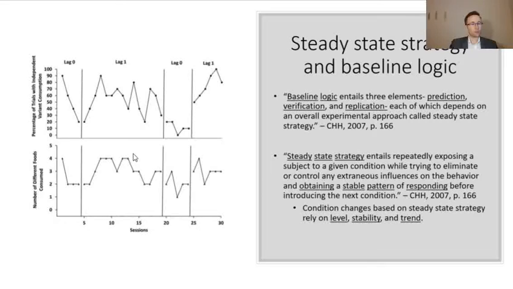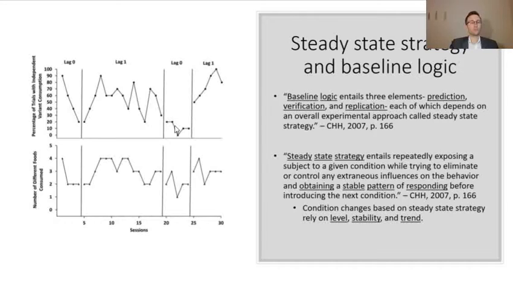So I can conclude by saying that there was a decrease in variant consumption in the lag 0 condition. There was a change in trend in variant consumption in the beginning of the lag 1 condition, but overall there was no trend in the lag 1 condition. There was no change in the level, which is about the average value of the data points, relative to the average value of the data points in the first lag 0 condition.